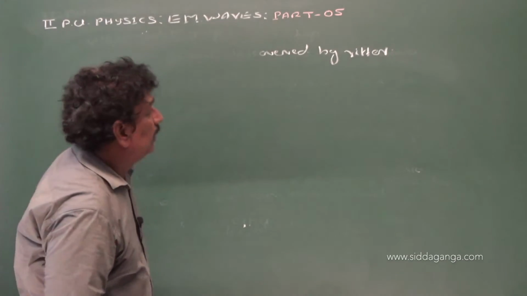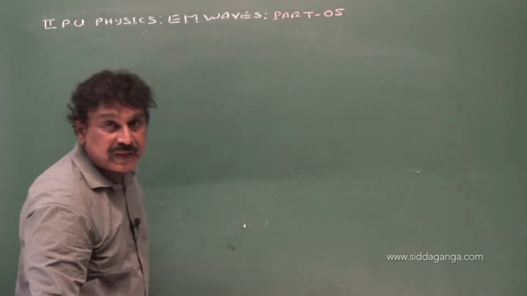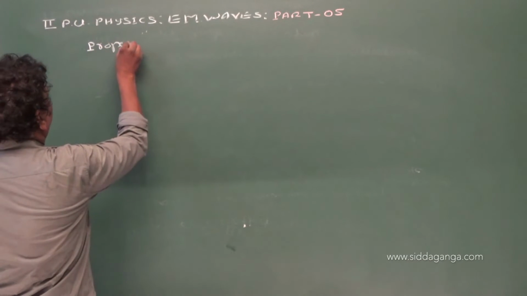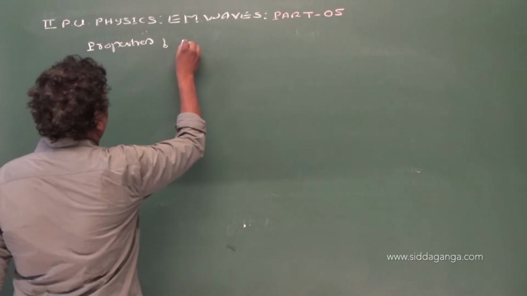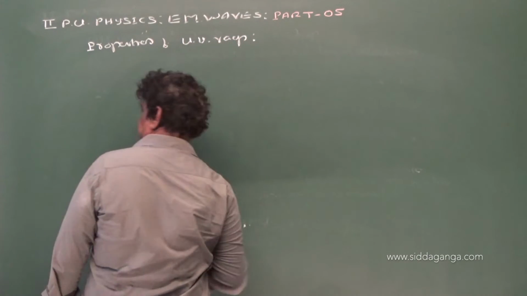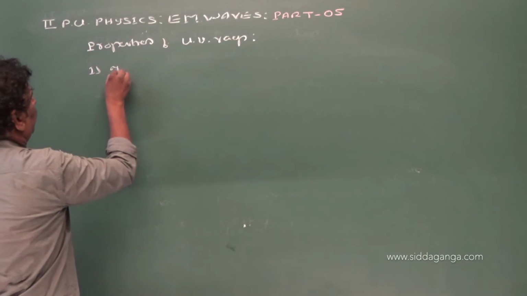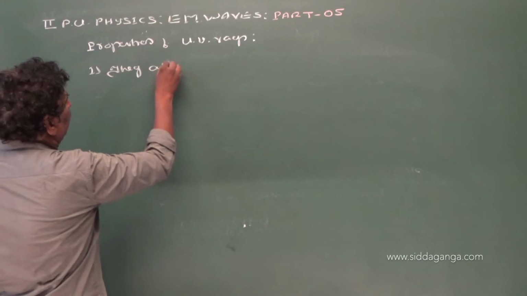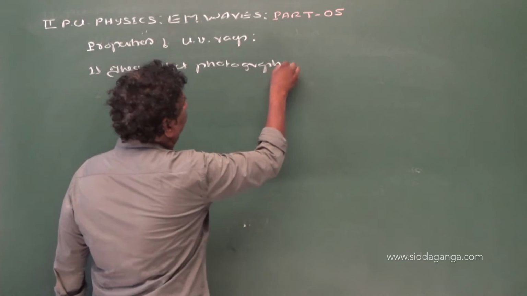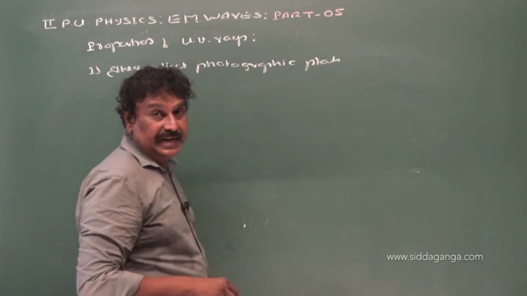Now, properties of ultraviolet rays. The first property is that they affect the photographic plate just like infrared radiation.